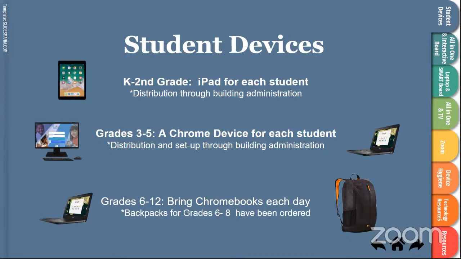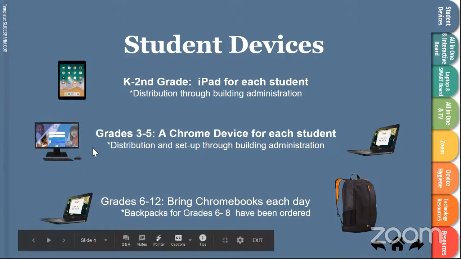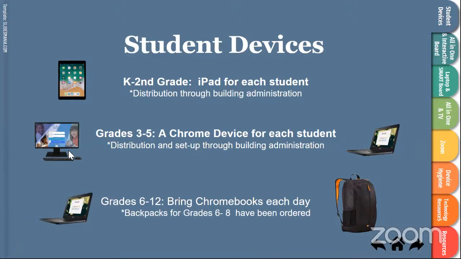A Chrome box is what you see here on the left of your screen. It looks similar to a desktop. It will only be the monitor, the keyboard, and the mouse. There's no tower next to it like a desktop would be that you've seen in your classrooms before, okay?